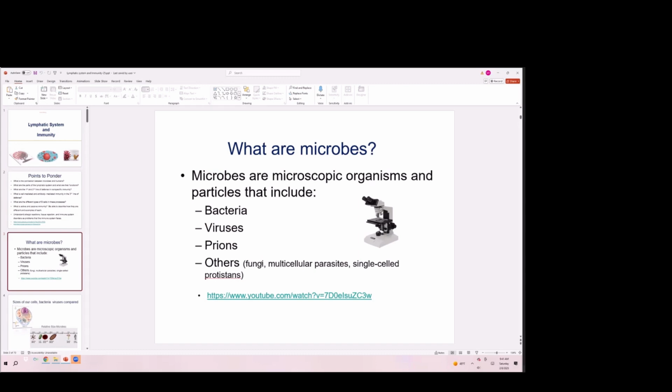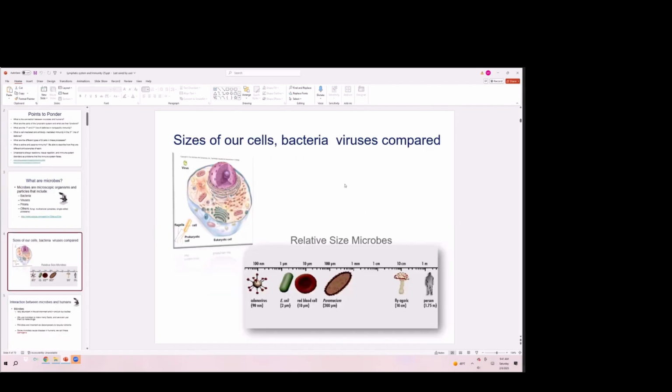And putting things in terms of relative scale, this is our prototype of what the eukaryotic cell looks like. If you juxtapose it, put it side by side with a virus and a bacterium, you could see that compared to viruses and bacteria, our cells look huge.